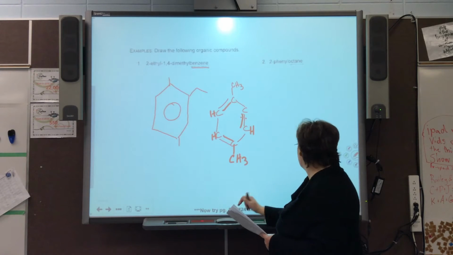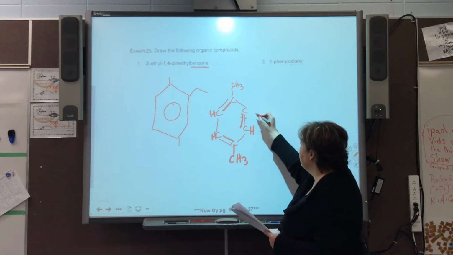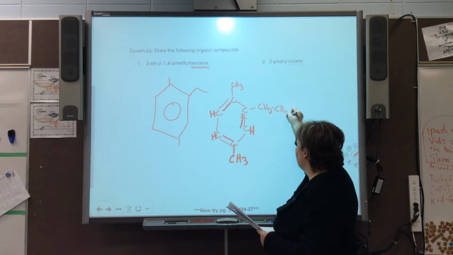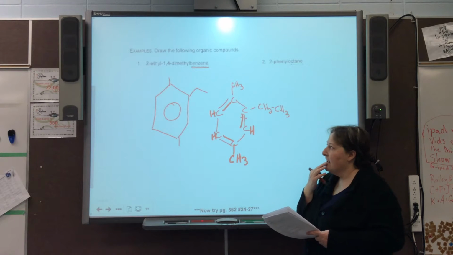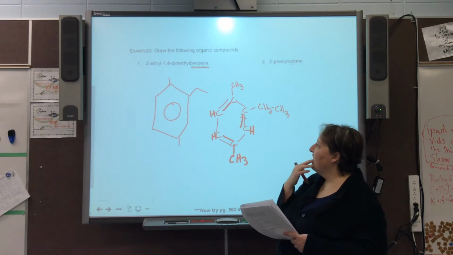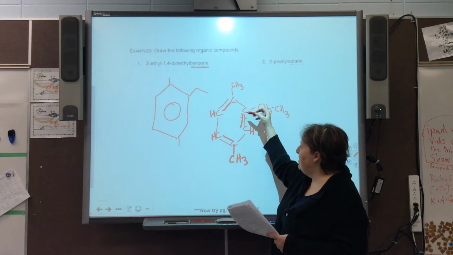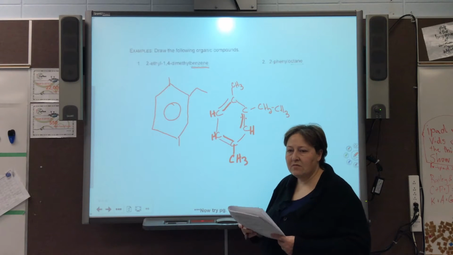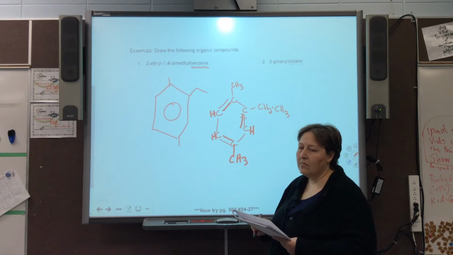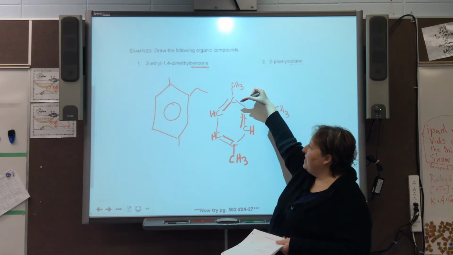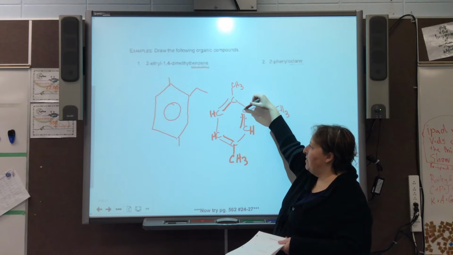We'll write that one so it's not so confusing. So then we'd know where to write the bonds because number 1 is a methyl, so you put the bond on the methyl. Condensed is like the C. The double bond always starts on number 1, but we could have gone this way. We could have made this one too.